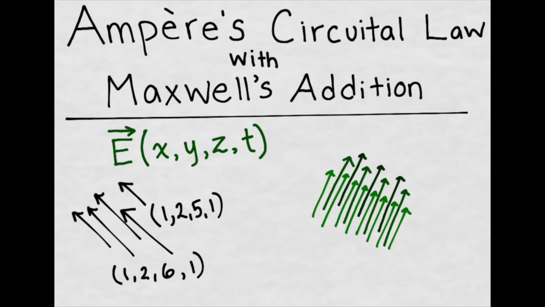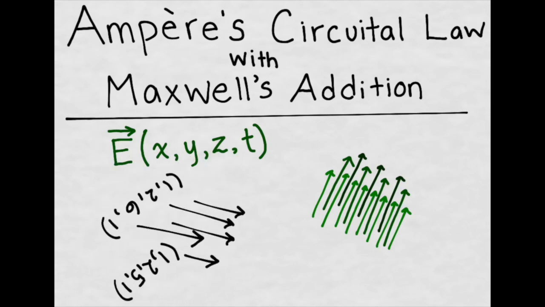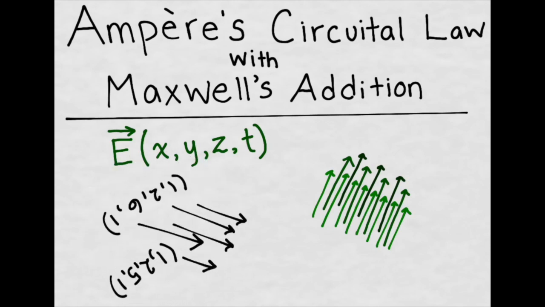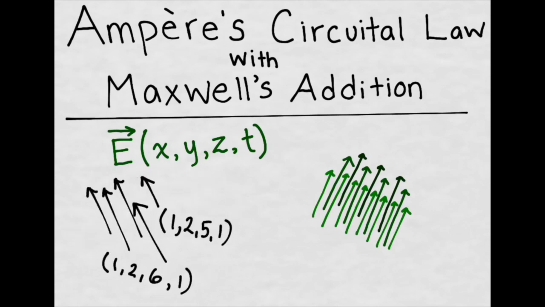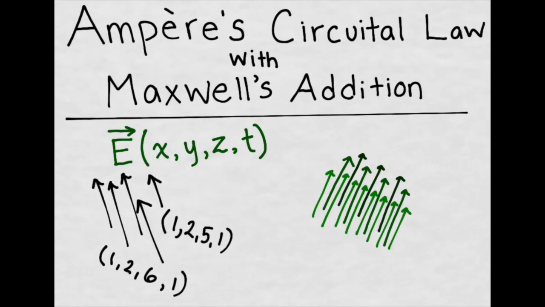Then the electric field vectors may have changed to a different location. Maybe here. So that's how you can visualize an electric field that depends on space and time.